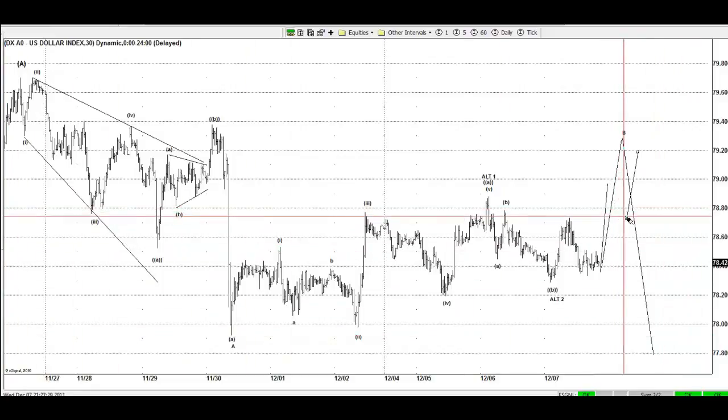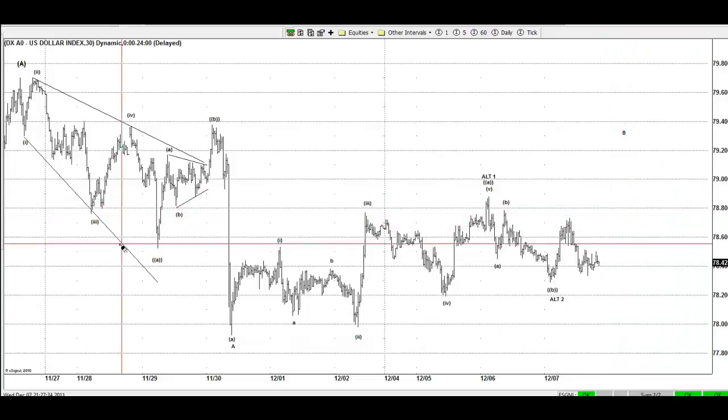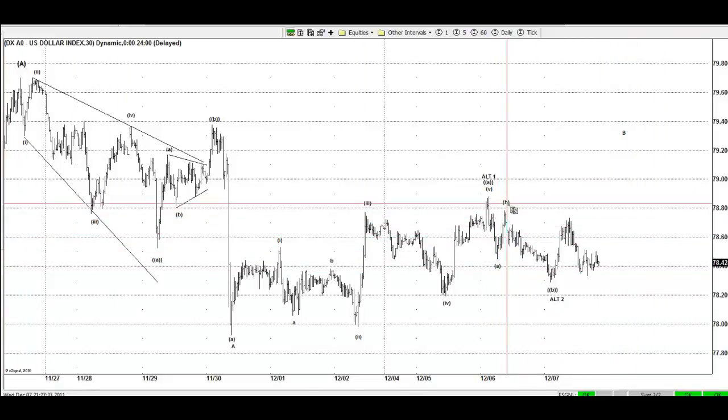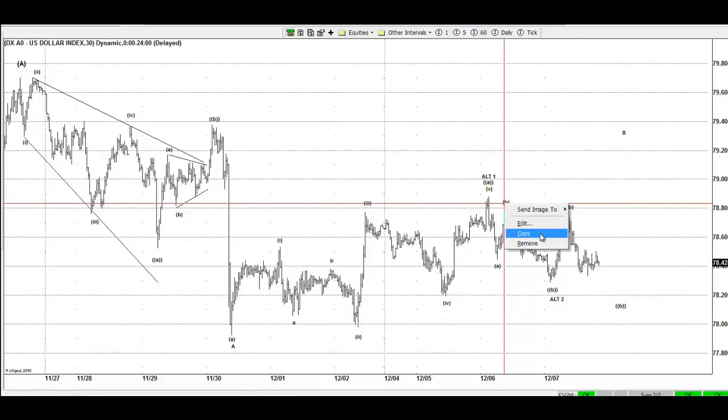Now, there is an alternative that comes with this, that is like this: A, B, and then we're going to get the C lower.